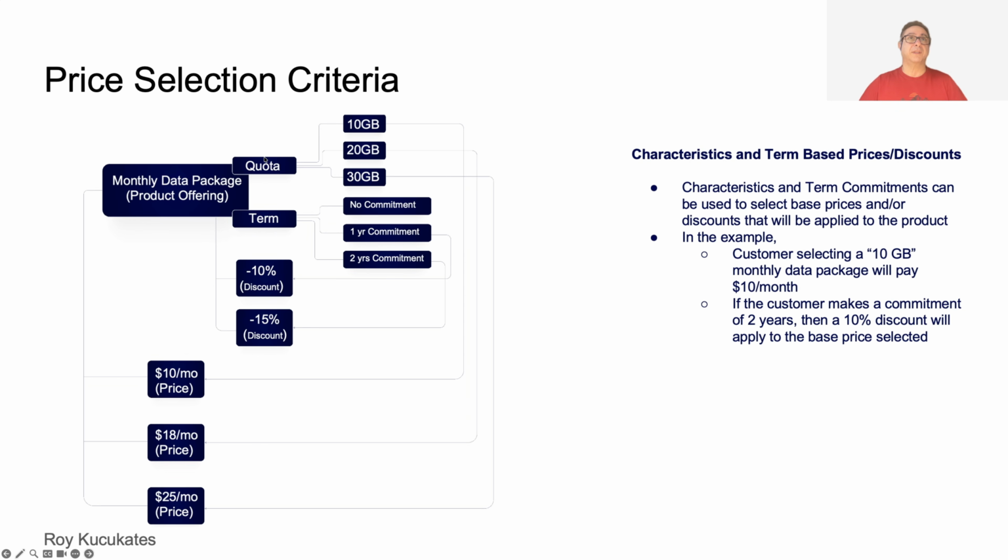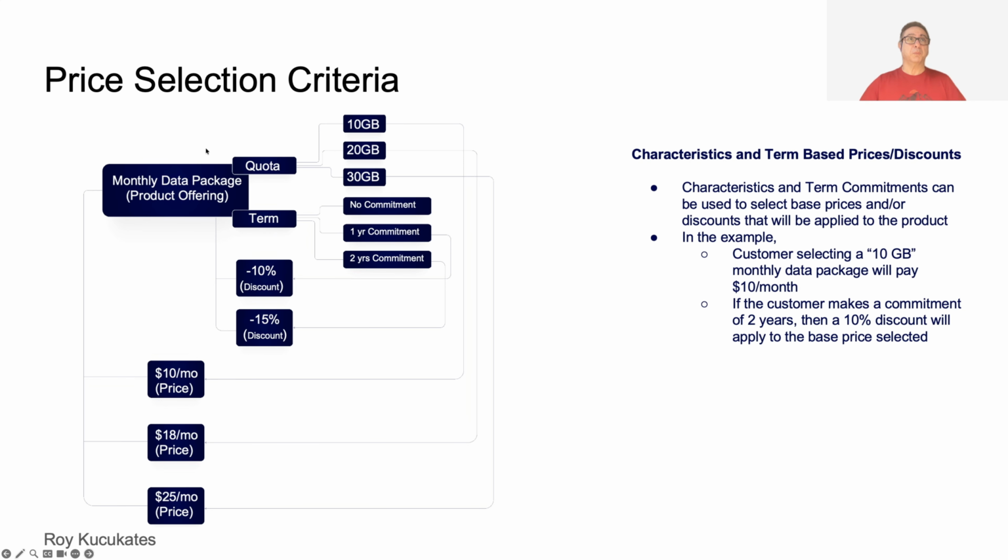We can have this as characteristics, and we can have different term commitments as term associations here, where you have 3 different prices, like $10 monthly, $18, and $25 monthly prices. You can just associate the allowance values, like 10 gigs is $10 per month, 20 gigs is $18 per month, and 30 gigs is $25 per month.